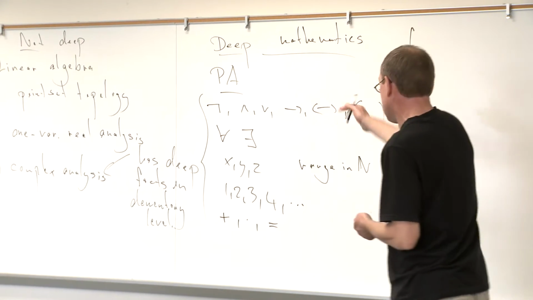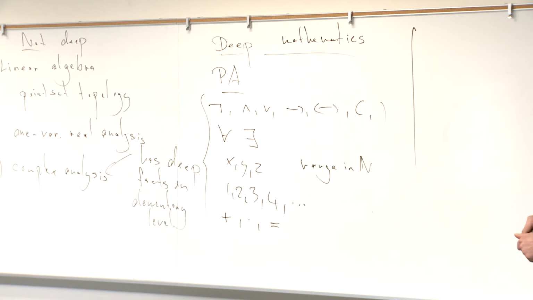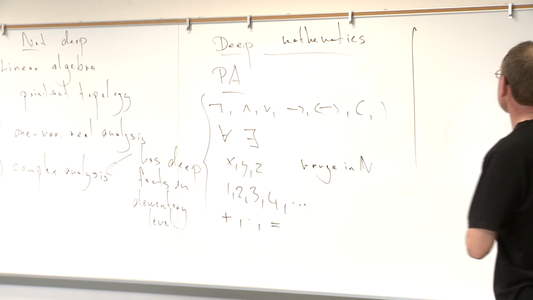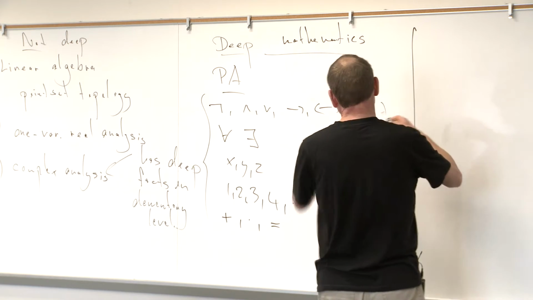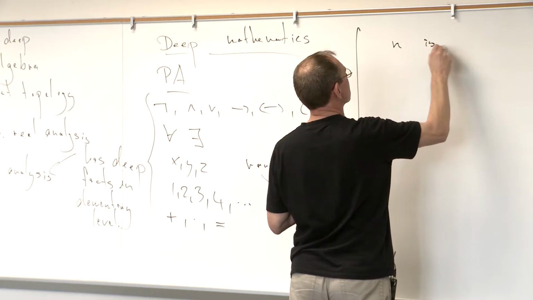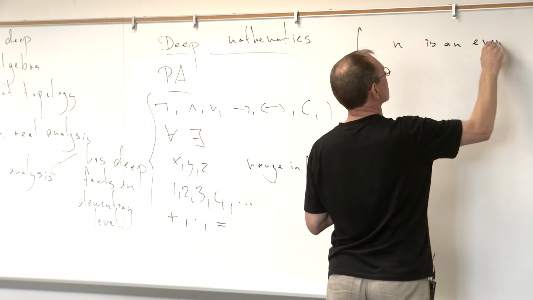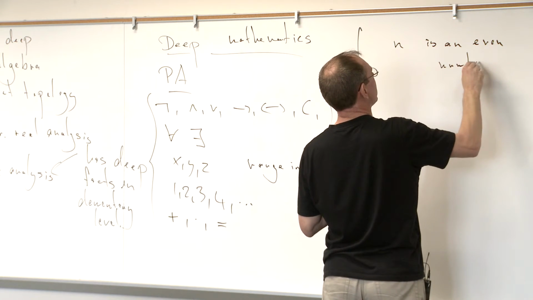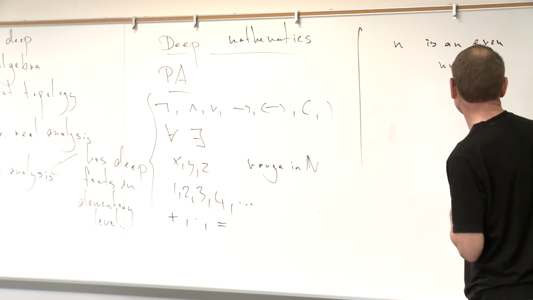This is something that you can explain to every undergraduate, and now you can start playing interesting games here. Namely, for example, can you say in this formalism that n is an even number? Can you somehow express this one variable predicate in this formalism?